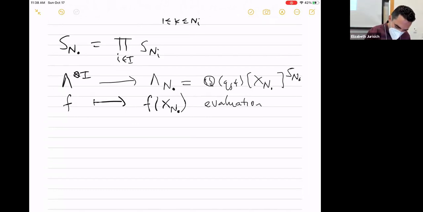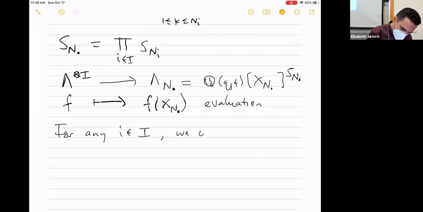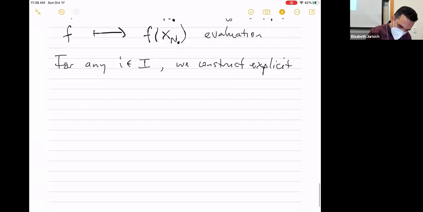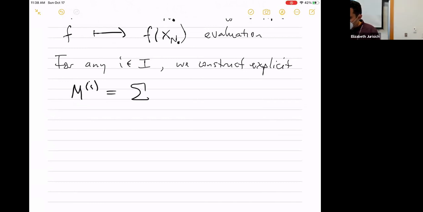Okay, so here's what we do. For any i in I, we construct explicit difference operators, M_i. They're much more complicated than the Macdonald operators, but still I think they're quite beautiful.